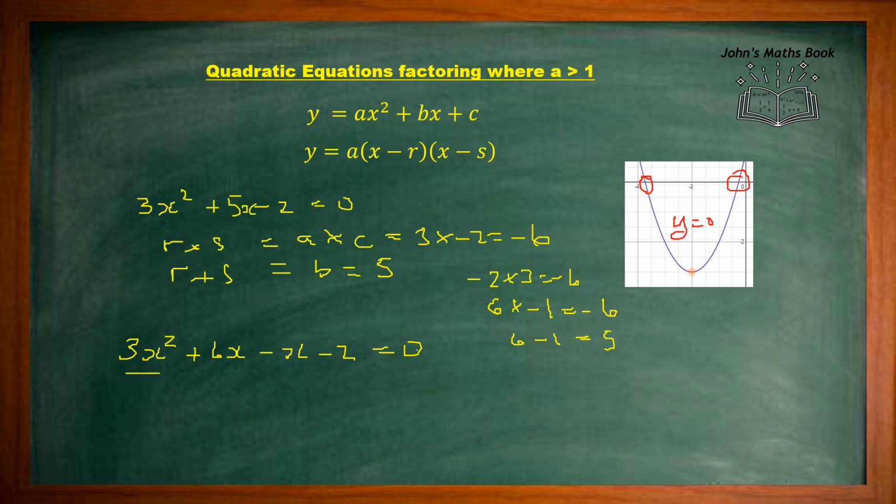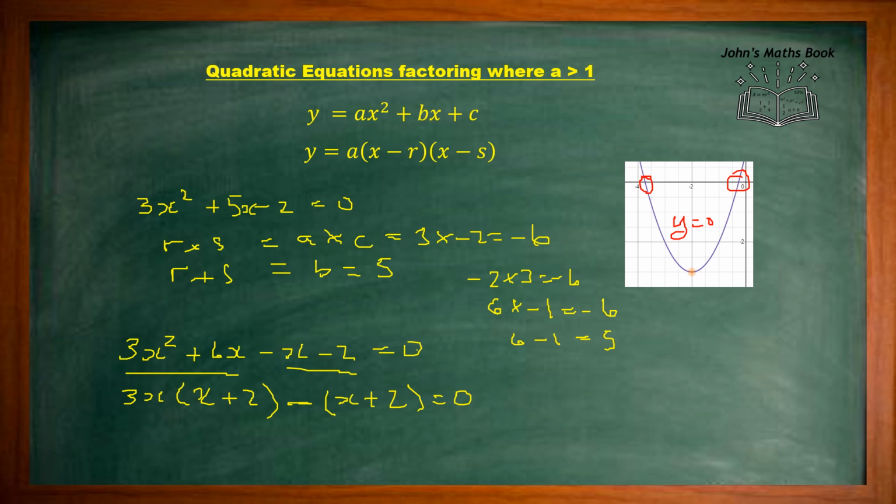So if we take this part first, then we can factorize that, and it works out to be 3x into (x plus 2). Now if we look at this bit here, that is the same as saying minus (x plus 2), and that equals 0.